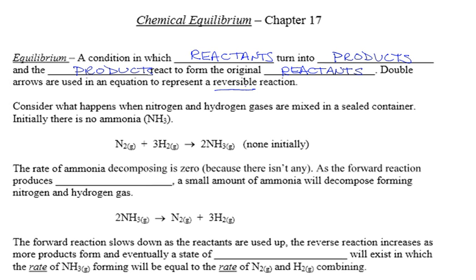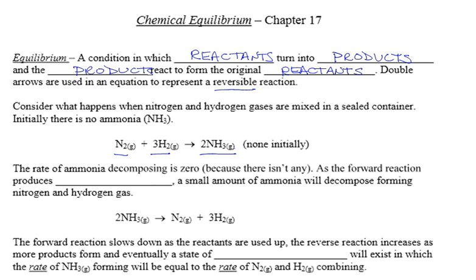Consider what happens when nitrogen and hydrogen gases are mixed. So nitrogen and hydrogen. Initially, there is no ammonia, but as the reaction proceeds, ammonia is produced.